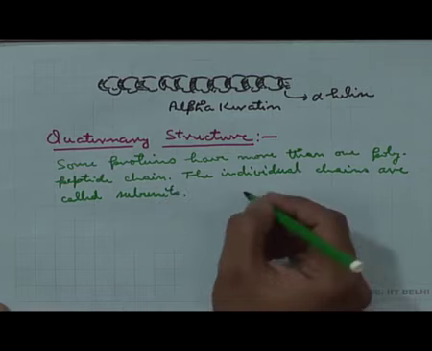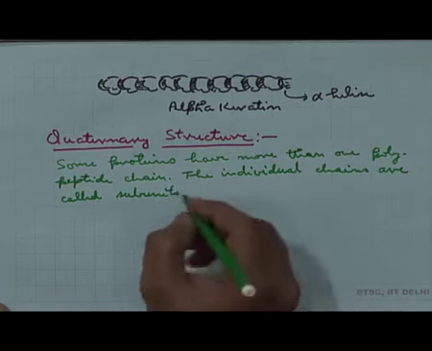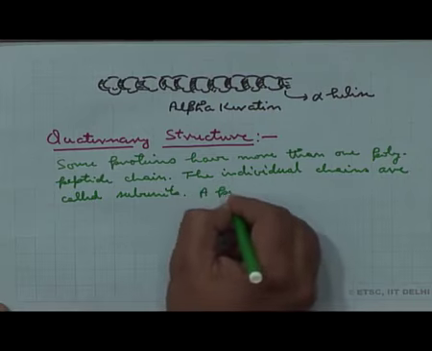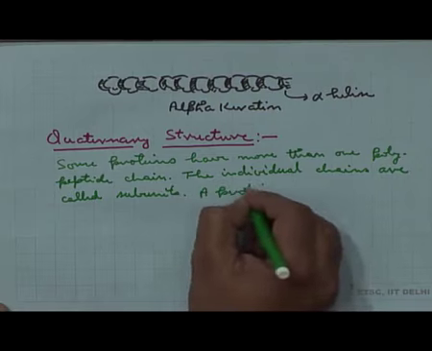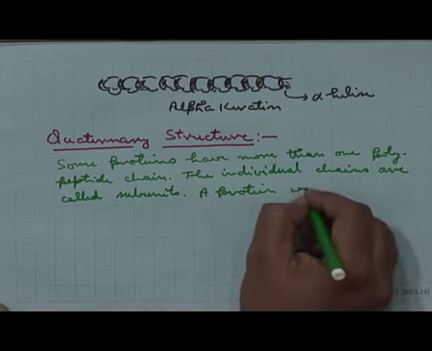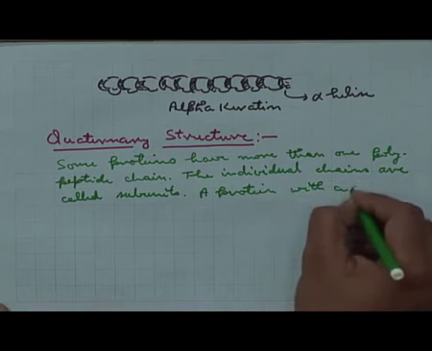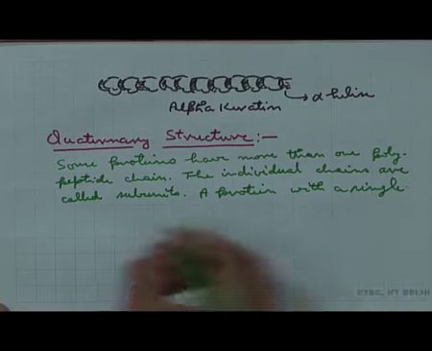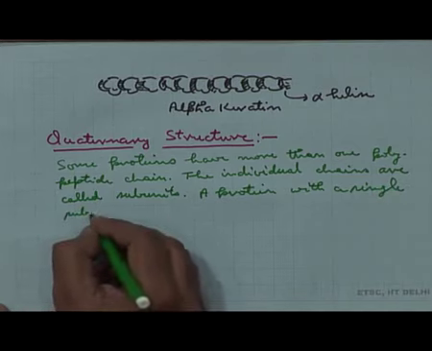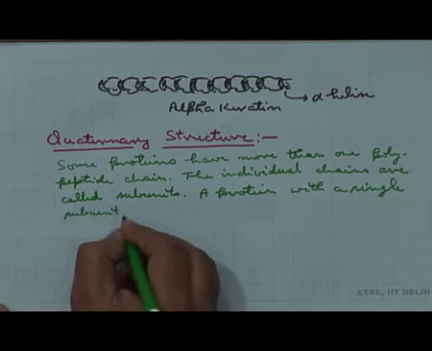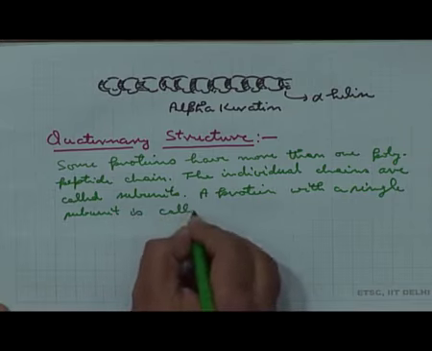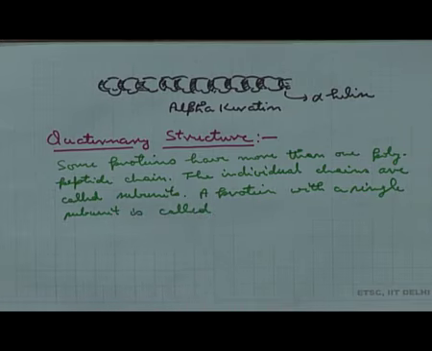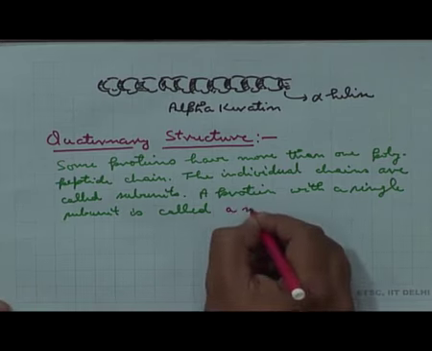A protein with a single subunit is called a monomer.